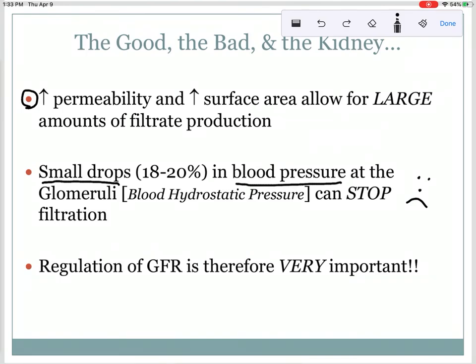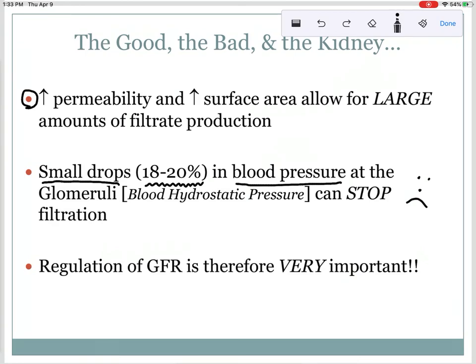So even though the glomerulus is set up well for filtration, it's highly permeable, a lot of surface area, net filtration pressure in the right direction, there is a drawback. The way that it's set up, the glomerulus is very susceptible to small drops in blood pressure. And let's talk about that. We can have a drop in blood pressure of 18 to 20%.